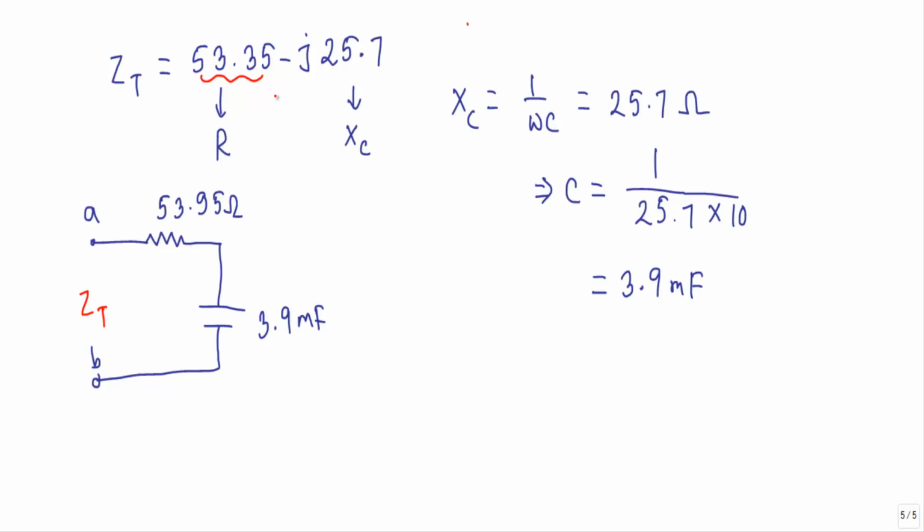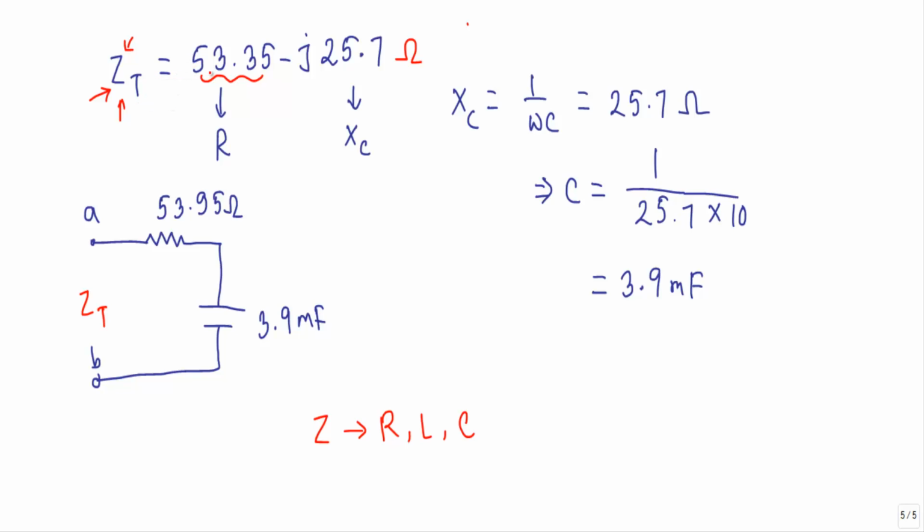At the start of this video, I told you that equivalent impedance will replace the entire network with some components, and see here we have reduced the total impedance or equivalent impedance to 53.35 minus J25.7. But you have to remember that we represent the impedance Z with resistor, inductor and capacitor. Therefore, you have to understand how we represent the impedance ZT with the given parameters.